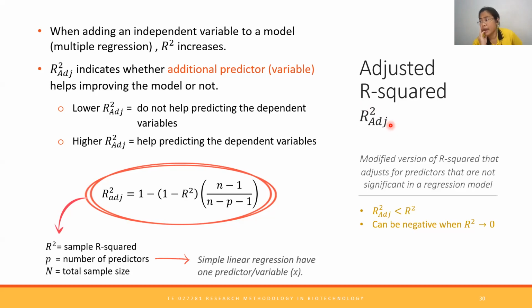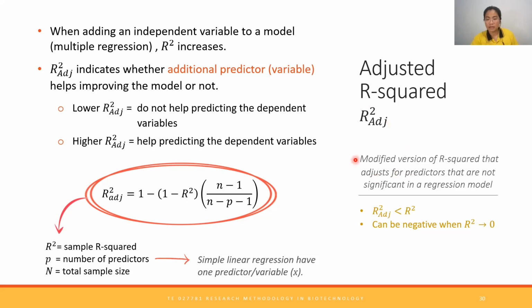Okay, and the reason I put this adjusted R-square in is because I know a lot of you will come across it, especially if your research is on fermentation or any type of work where you have to do experimental design, doing experimental runs and using the Design-Expert program. You get the adjusted R-square, okay?